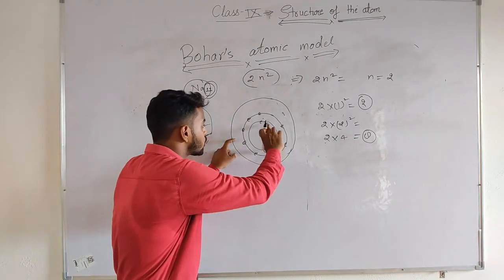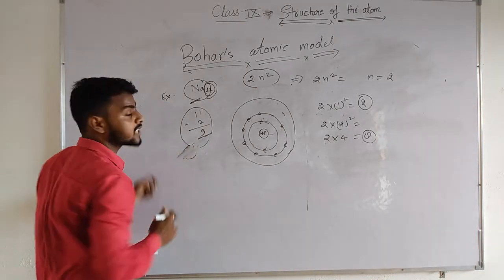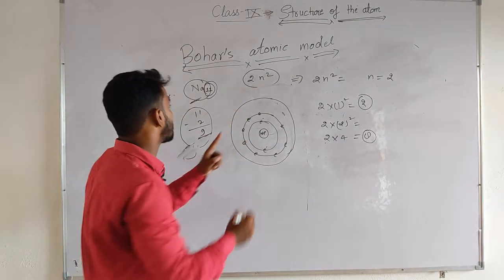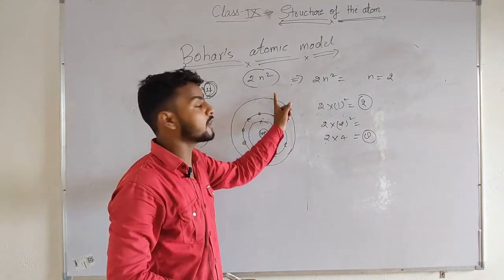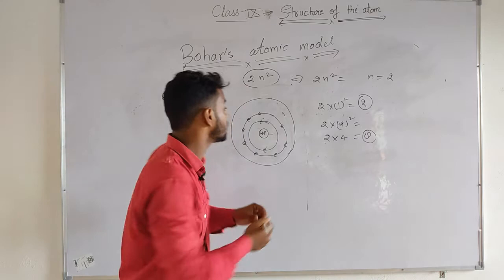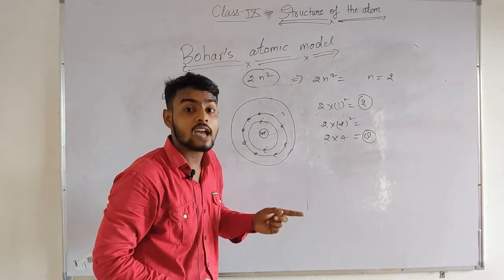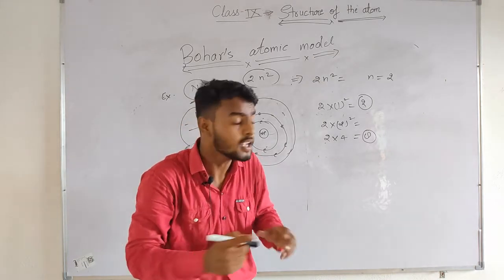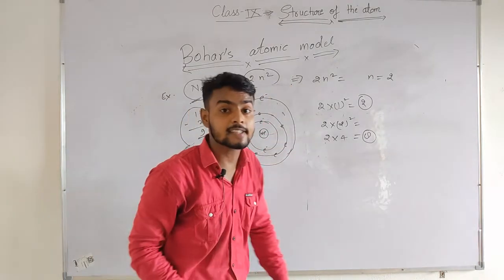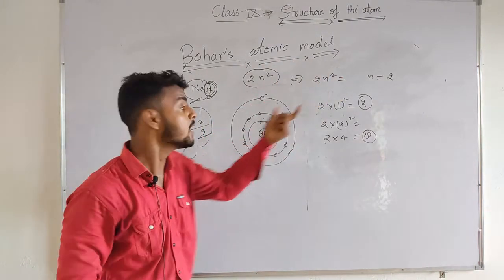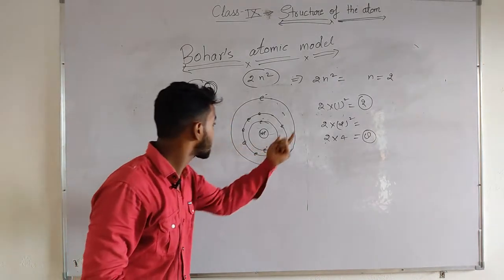How many electrons remain? 1 electron remains out of 11, and it goes in the outermost shell. The outermost shell can hold 8 electrons, but we have only 1 electron. So the outermost shell of sodium will have only 1 electron. This is the structure of the Bohr atomic model of sodium, an example of how electrons are arranged in their shells.